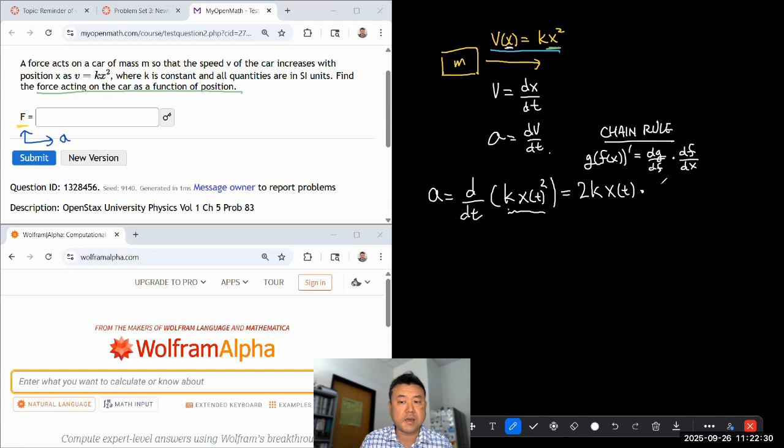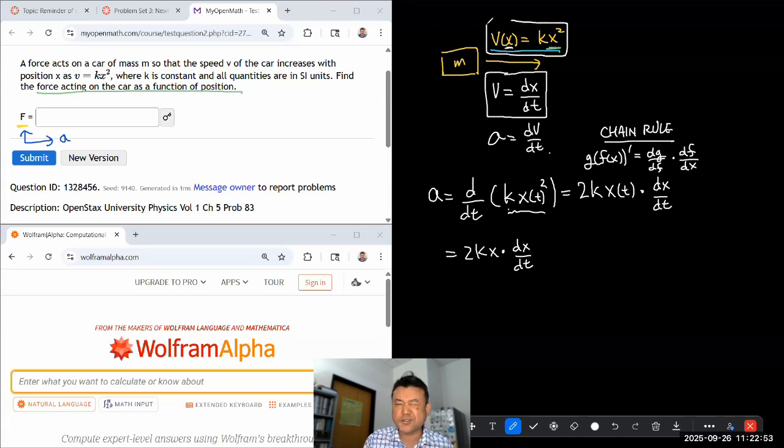And you might be thinking, hey, I don't know what that is. Well, let's write it down and see what we can do with it. So this is what we have. We have our acceleration is 2kx times dx dt. And before you give up saying, I don't know dx dt, you do know, because dx dt is velocity. And you do have an expression for velocity as a function of x. So you just plug that in.